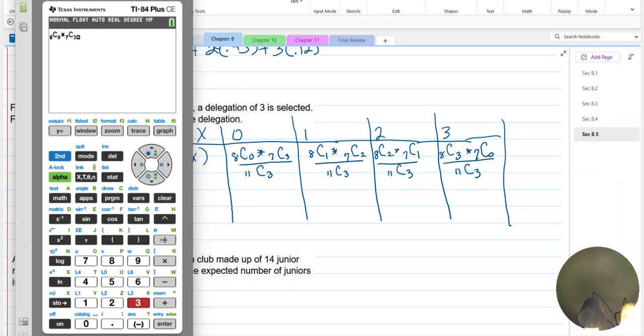Good. Yes. Side arrow, because it's 0 and 3, divided by 11 math, PROB, choose 3 and 3. 0.21. All right. For our purpose, we're going to round to 2 decimals. And so I've got 0.21.